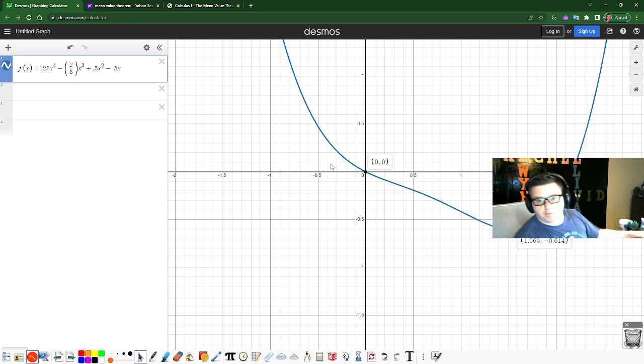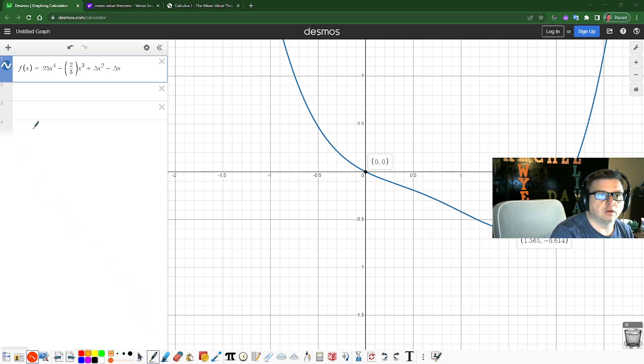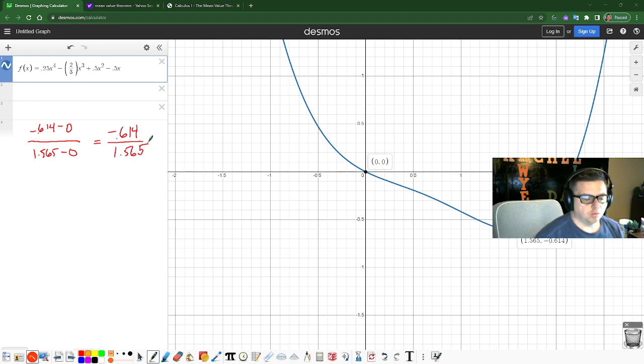So if we do that, we're going to get a value. 0.614 divided by 1.565, and that's going to give us a slope of 0.392.